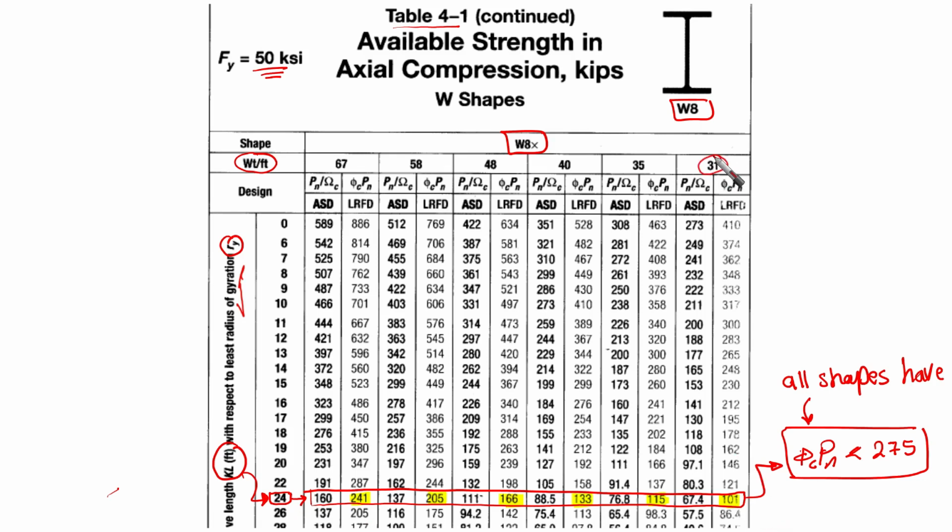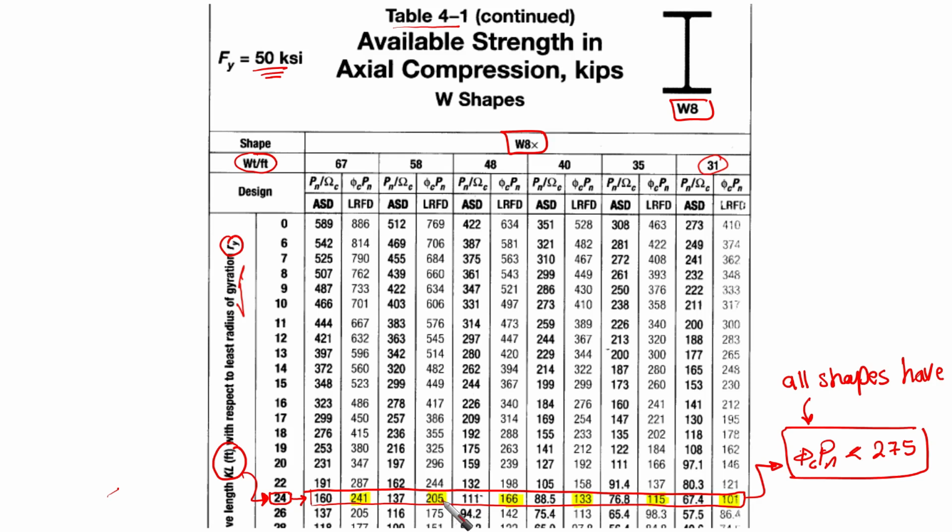Under W8x31, the strength is 101, which is not acceptable. It is less than 275. Then go to 35, it is 115, still less. Here for 40, it is 133. For 48, it is 166.